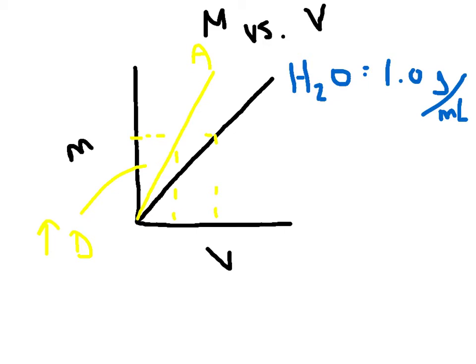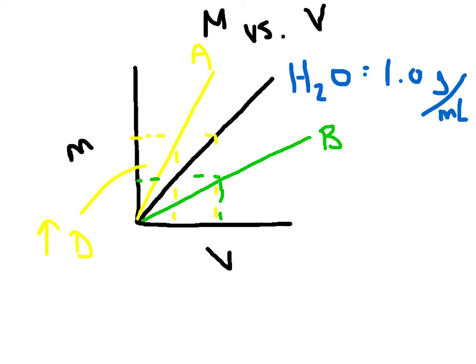On the other hand, if we want to look at a substance that is less dense than water, it would have a slope that looks something like this. And we can do that same thing again to determine the relationship of density between two different substances. We can trace a line over from the mass axis and then down. And what we see here is the same amount of mass, but it takes up more space.